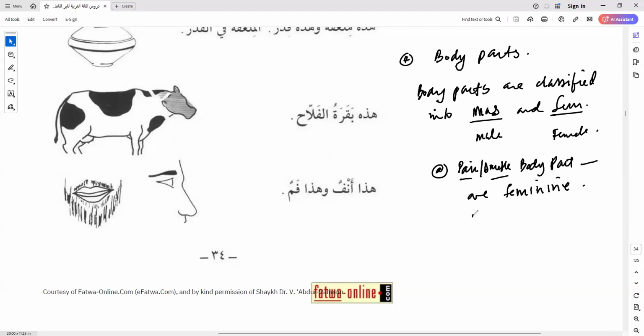So like your hand, right? You have two. And then you have your foot, you have two. Leg, you have two.